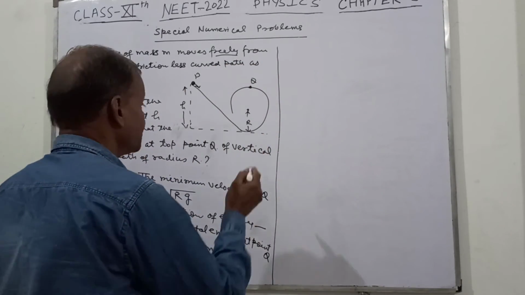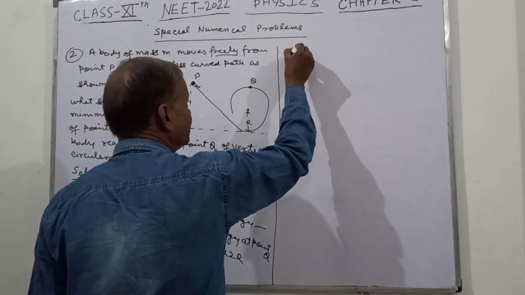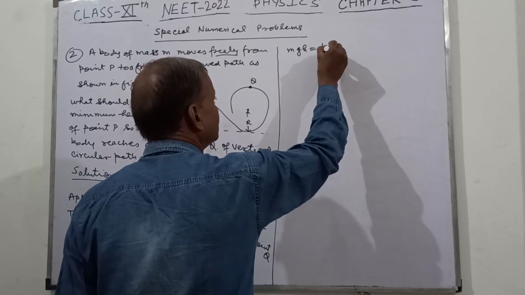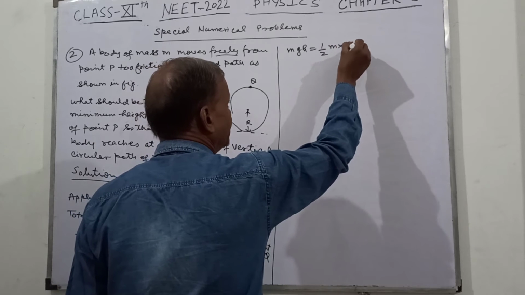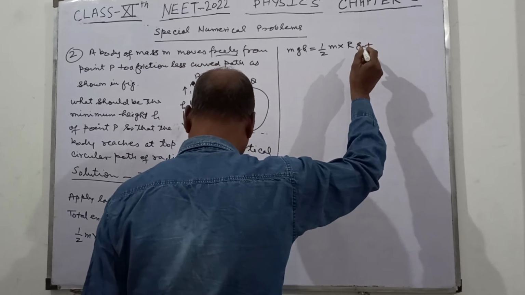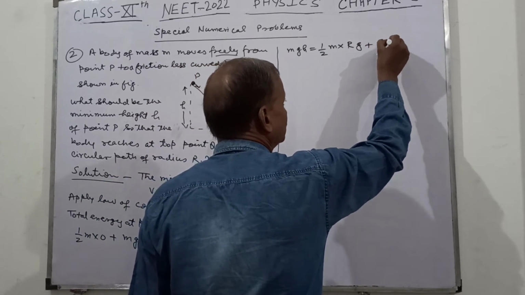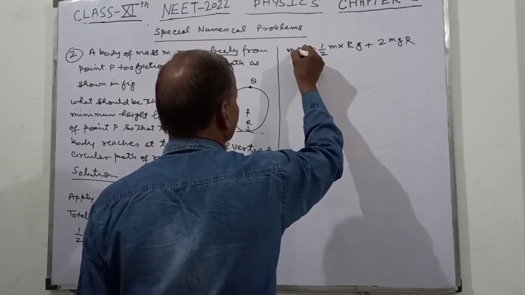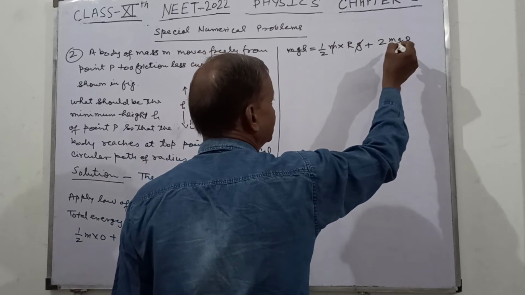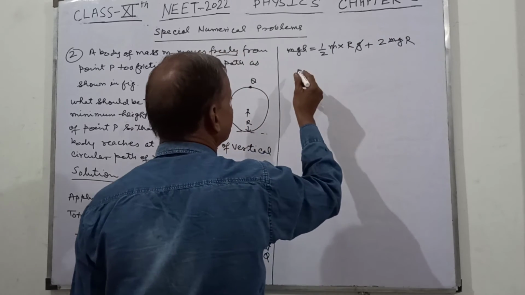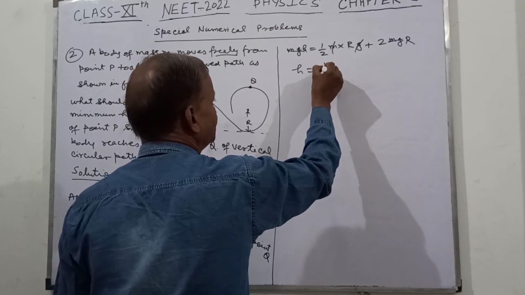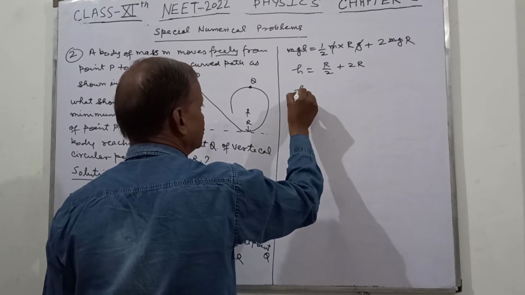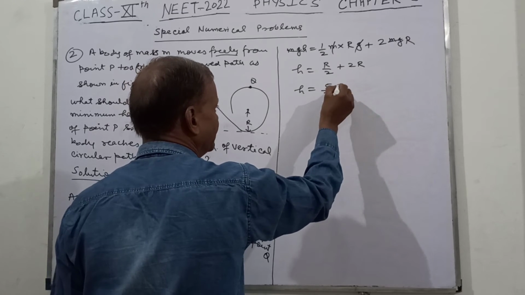So now we put this in and simplify. mgh equals half m v square, with v square equal to rg, plus 2mgr. So m and g will cancel from all terms. So h equals r upon 2 plus 2r, so h equals 5 by 2 r.